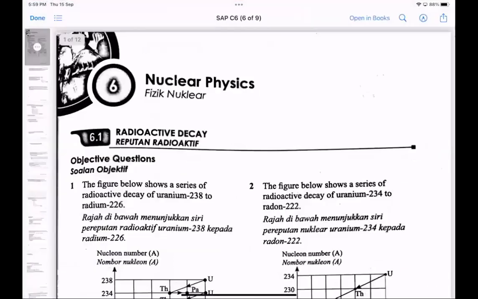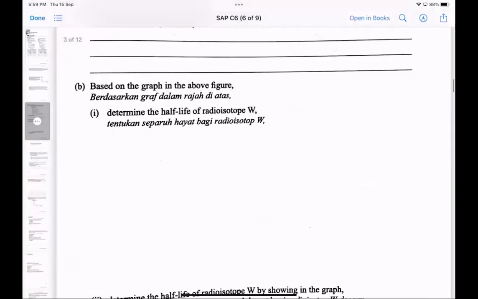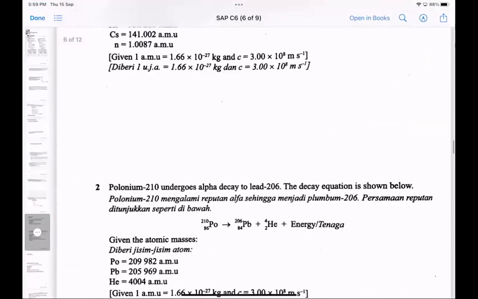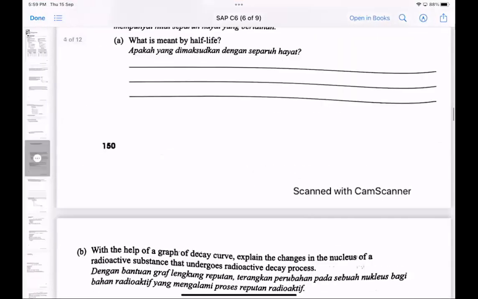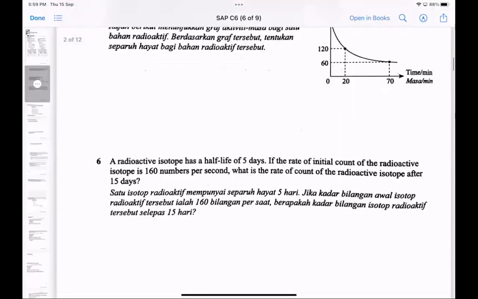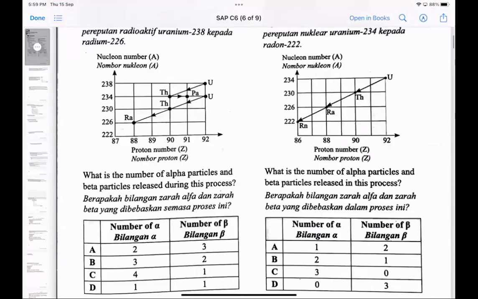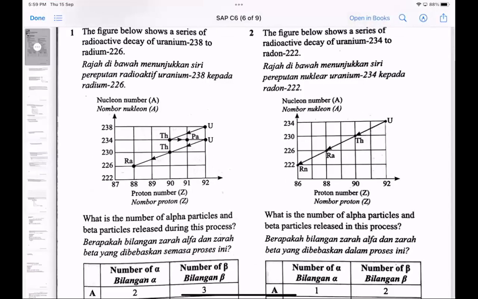Chapter 6. I didn't give you any questions from this, right? No. Kan? Yeah. So what we're going to do is, we're going to do questions here. Let's look at the objective questions first. So do number 1 and 2, then we will discuss.